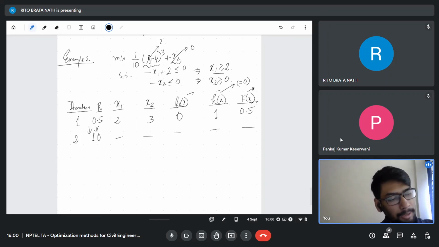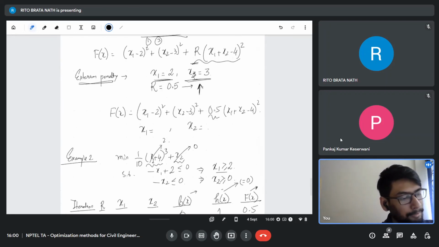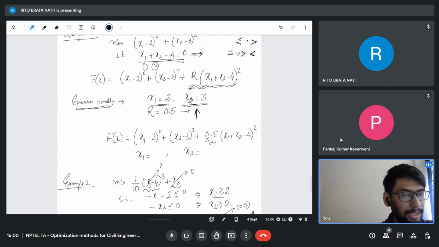One last thing is that in the penalty function method, the extra term that we add is kind of analogous to the extra term that we add in the Lagrangian function. So if you are asked to relate this to the Lagrangian function, you can always put the Lagrangian function in terms of these penalty terms as well.